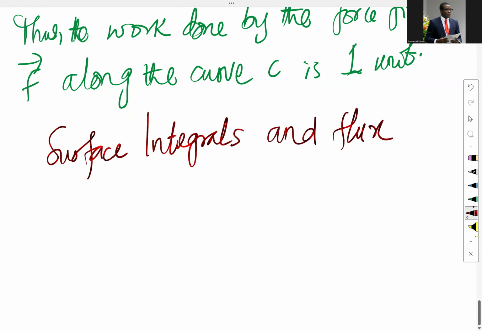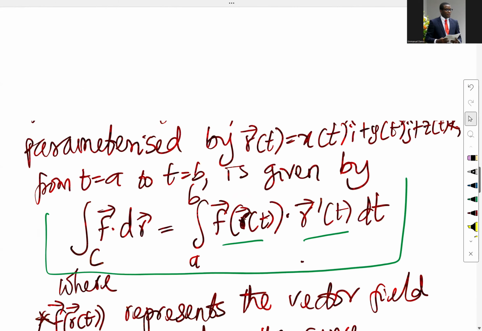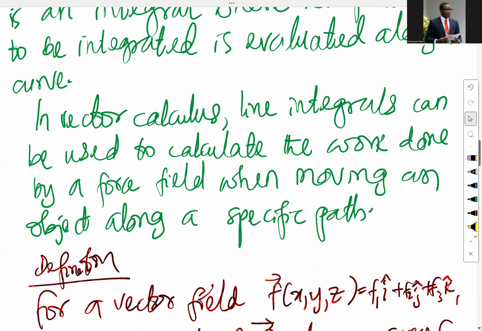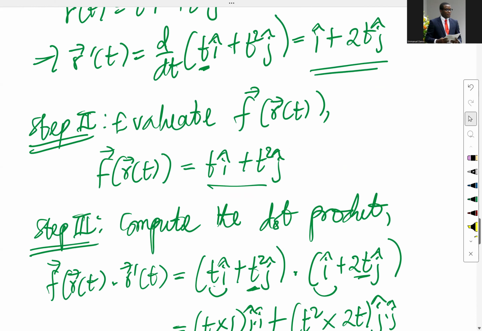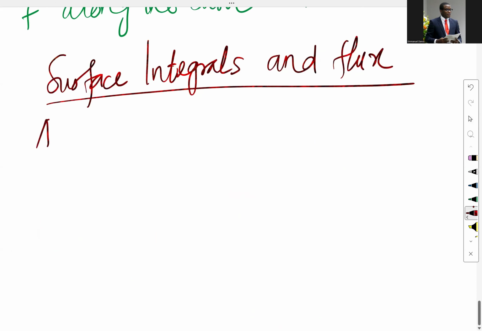We saw the idea of flux under, I think, divergence of a vector. So you're probably going to see something like that coming up under surface integrals and flux. We talked about line integral, now we're talking about surface integral.